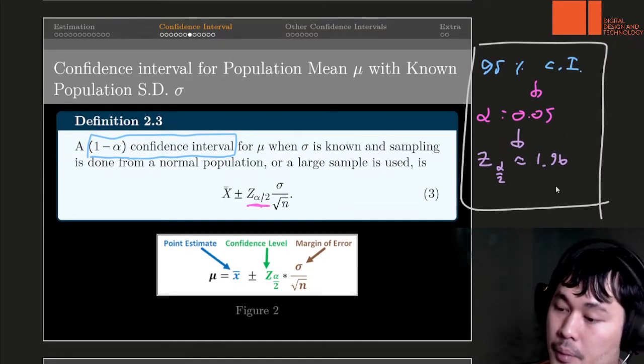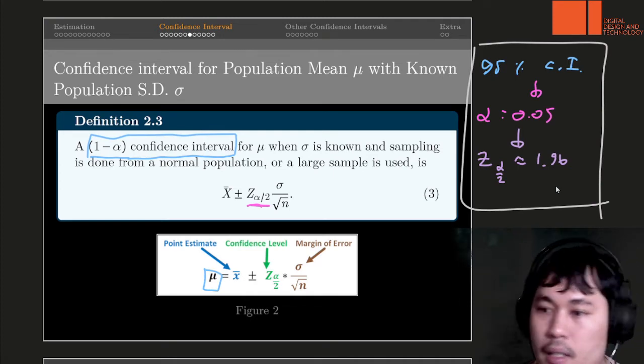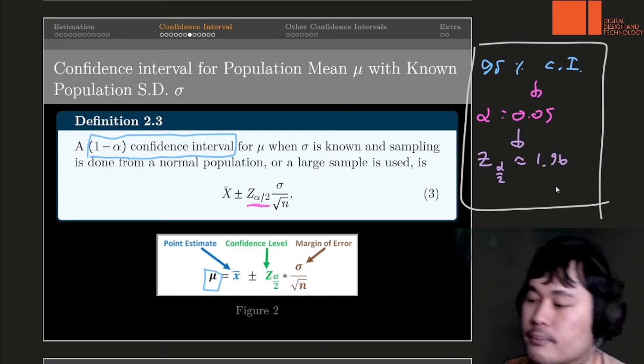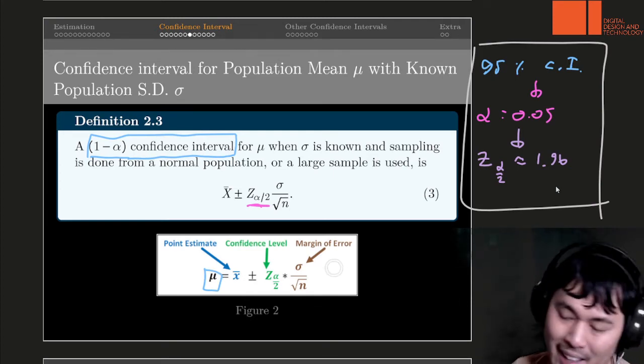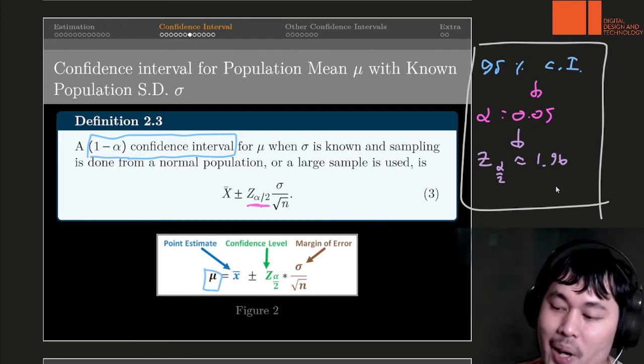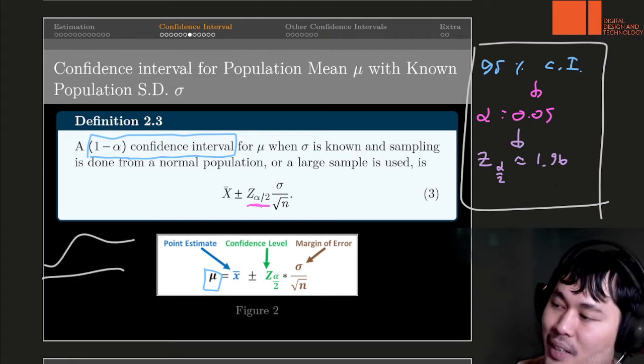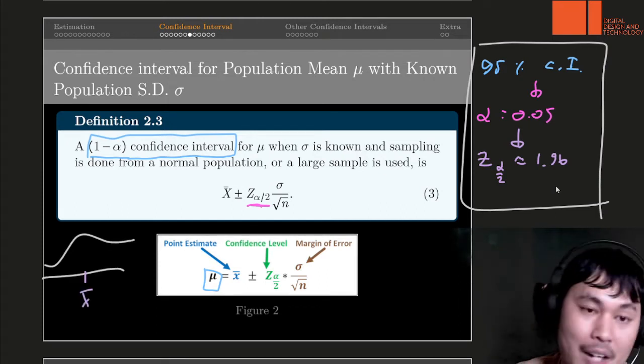And there's a formula, and this formula estimates the actual population mean. They also have names, like this x bar is a point estimate, in the sense that we get this sample and we have that single point, so we start from that point.